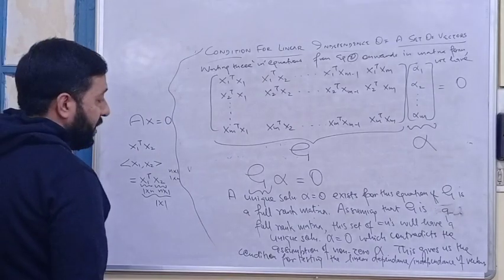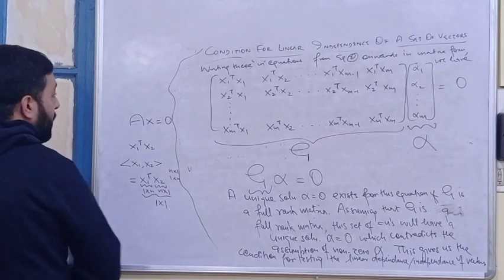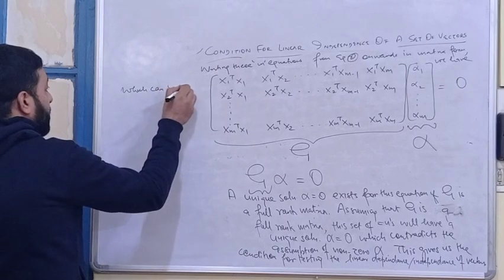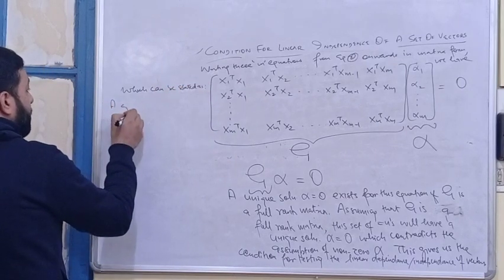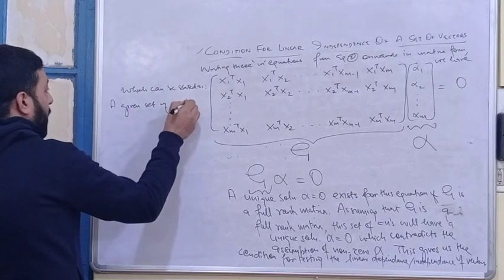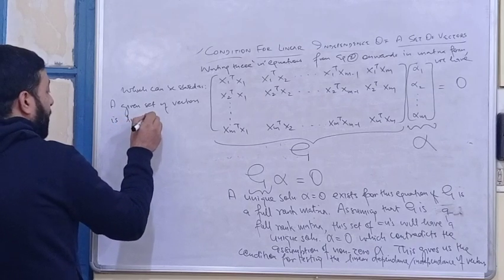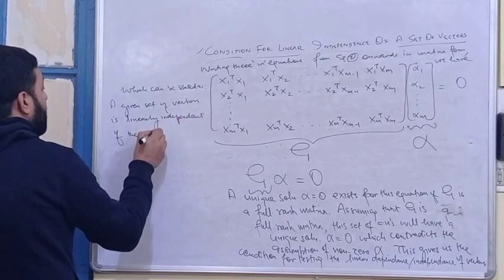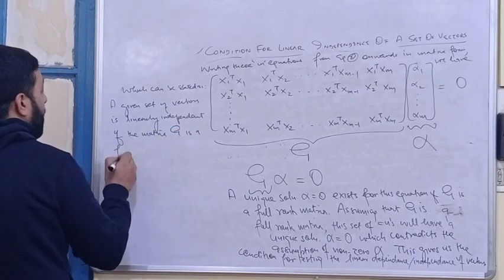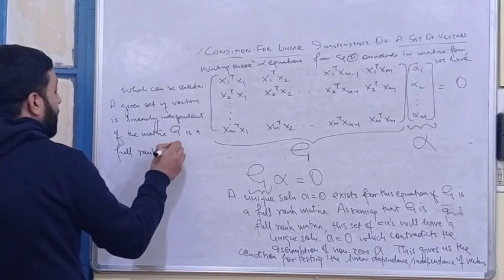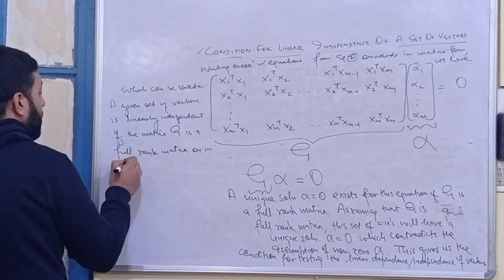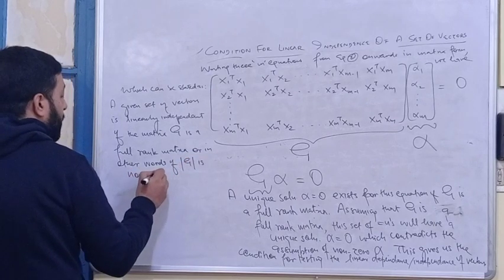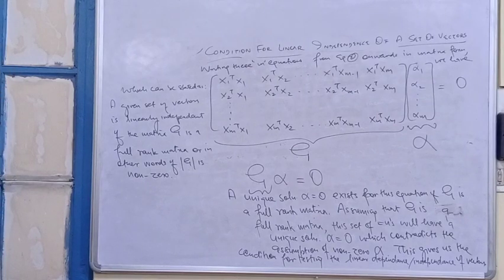So this gives us the condition for checking the linear dependence or independence of vectors, which can be stated as: a given set of vectors is linearly independent if the matrix G is a full rank matrix, or in other words, if the determinant of G is non-zero.